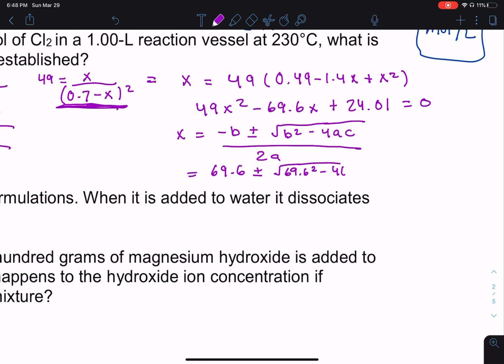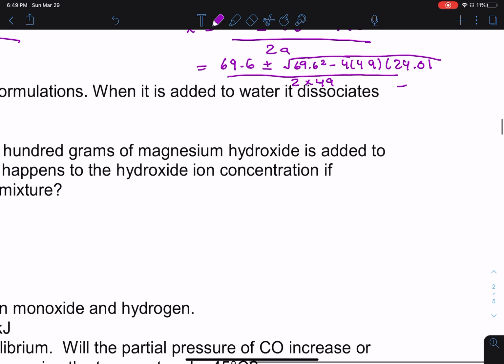Minus 4 times 49 times 24.01, all over 2 times 49. So if we solve this, we will only get one positive answer, and that will be 0.59.